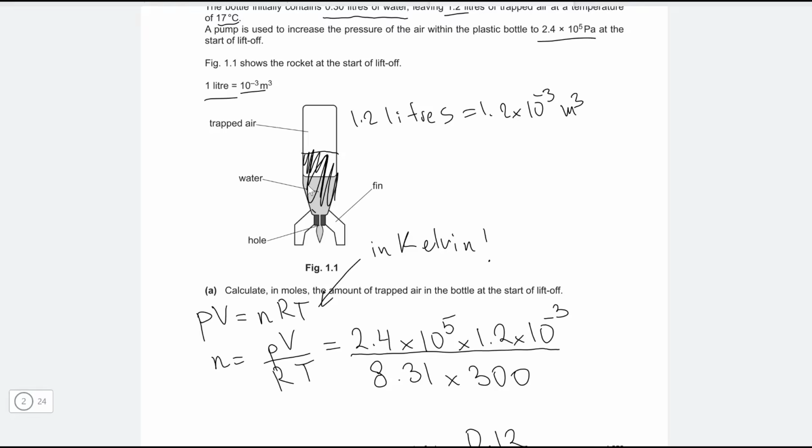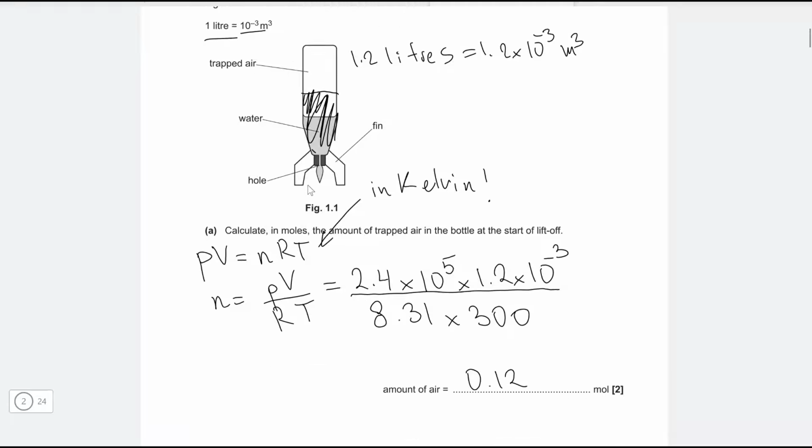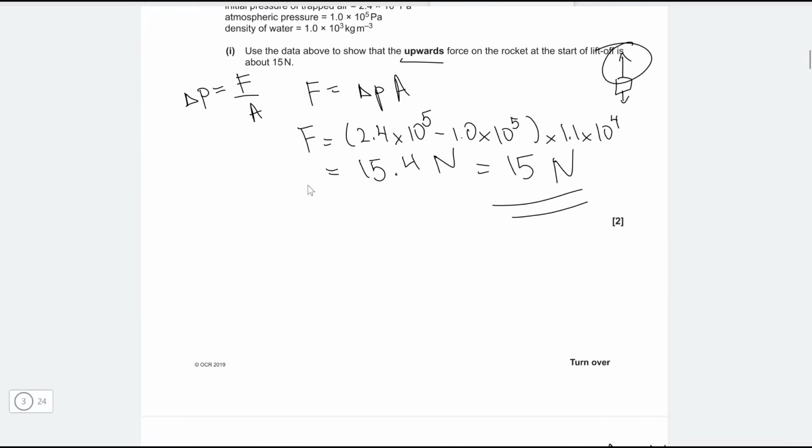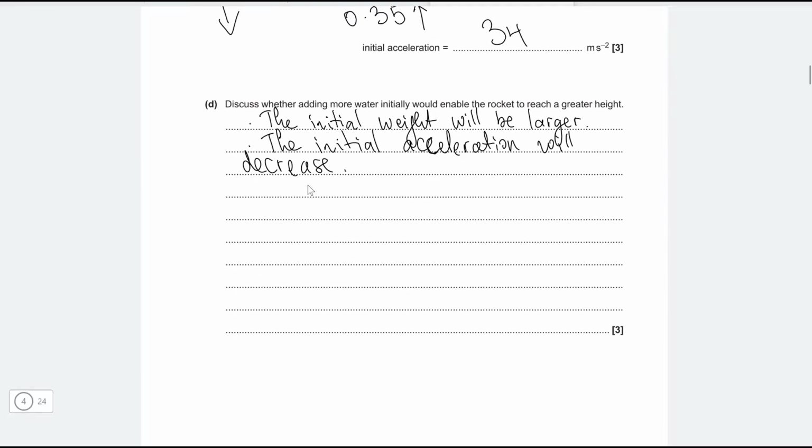So this is a very, very interesting, tricky question that we cannot fully answer, but we can analyze. So what we can say is that the time for the water to be expelled will increase.